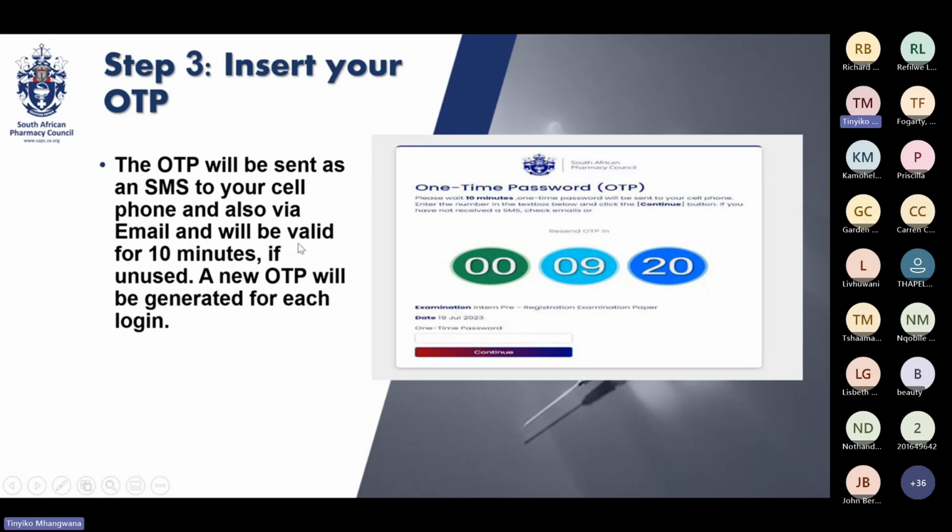So if the OTP was not used and you want to get a new OTP, maybe your number was not working, was not the correct number, and then that was fixed, you will need to wait for that 10 minutes. Hence the issue of the time, you starting earlier. Then it will generate a new one after that 10 minutes.